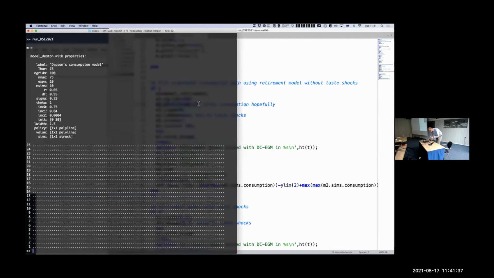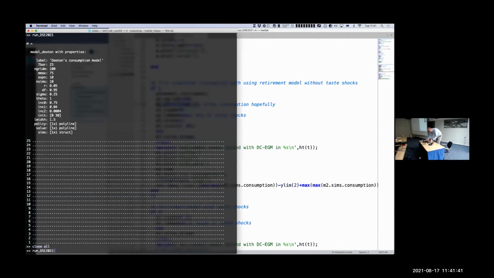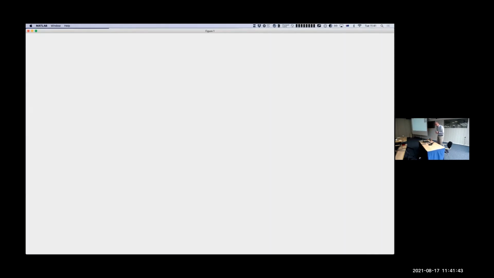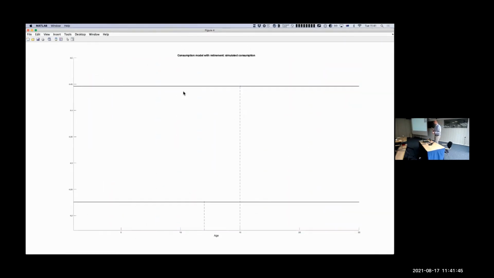And let me run this. It takes a little bit more time because we have to do more work, right? So I would say it's about 10 times slower than the original EGM. Of course, it depends on how many choices and how complicated the model is otherwise. But here's the end result, right?